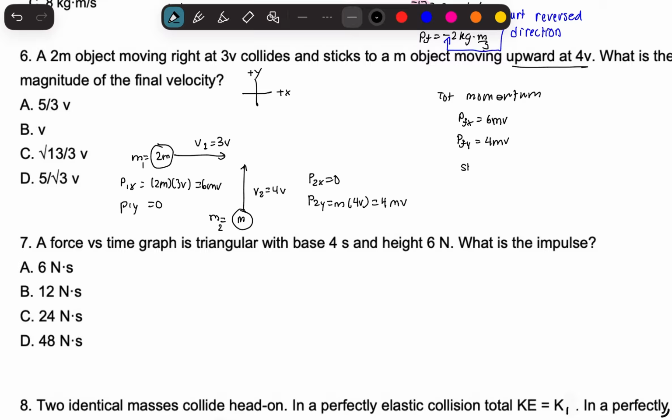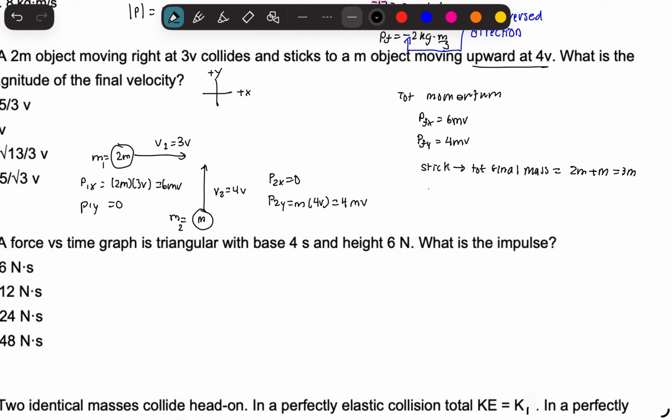Now, if they stick, that means that your total final mass is equal to 2m plus m, which is equal to 3m. Now, you have to find the magnitude of your final momentum.